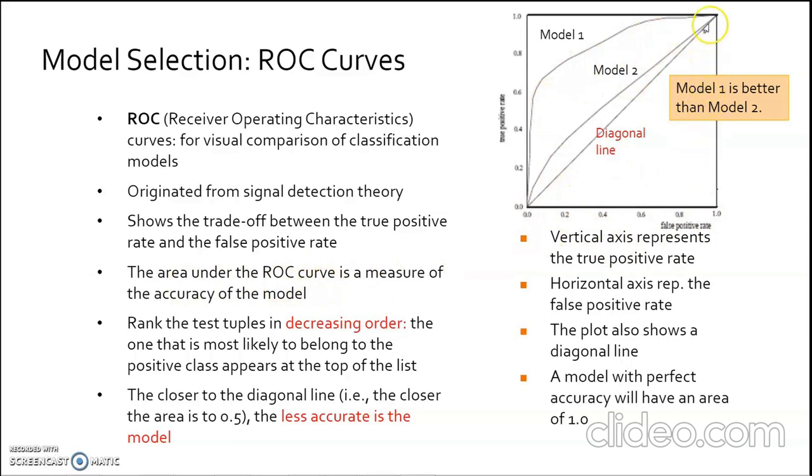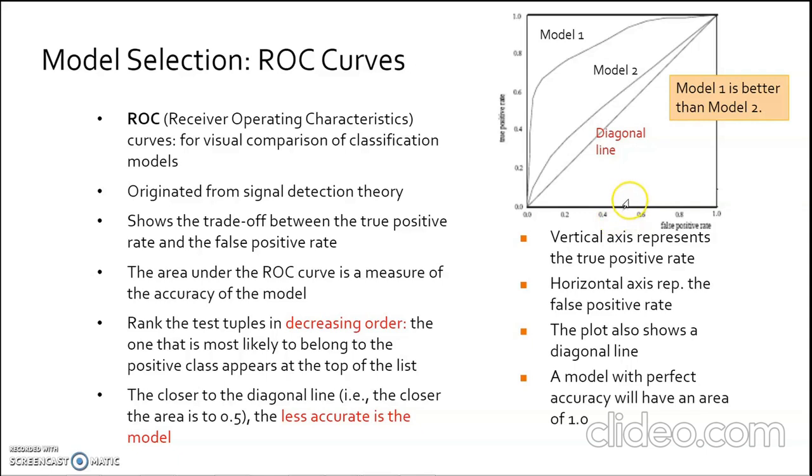This whole area would be the accuracy for model 1, and this whole area up to this line would be for model 2.